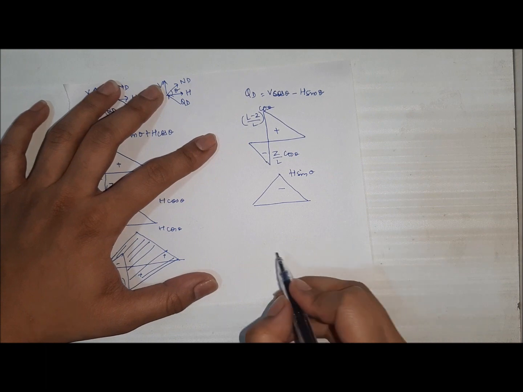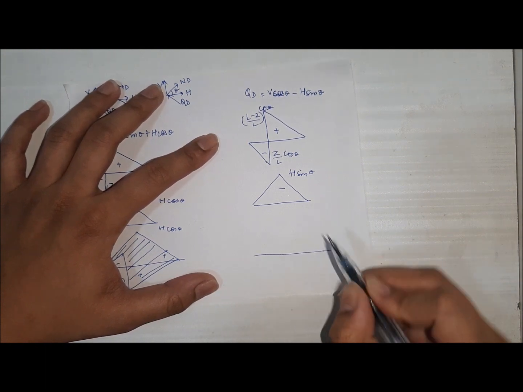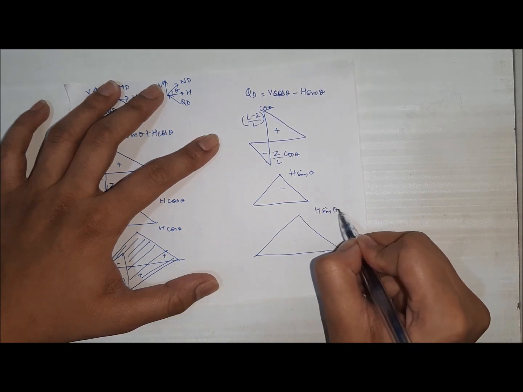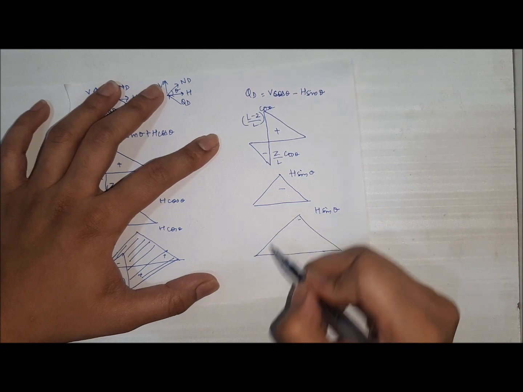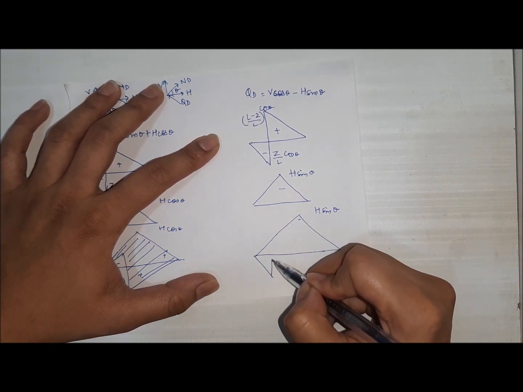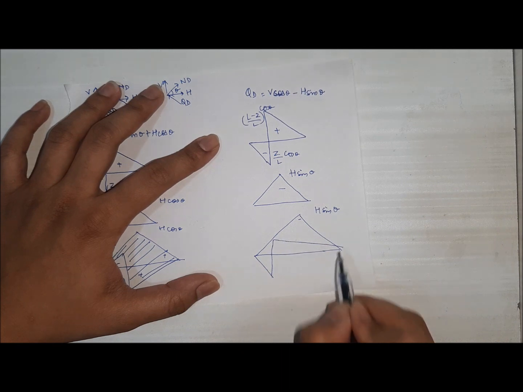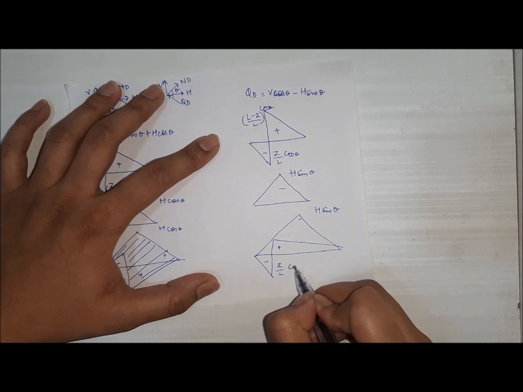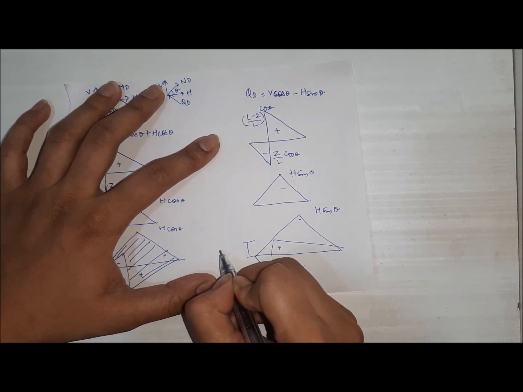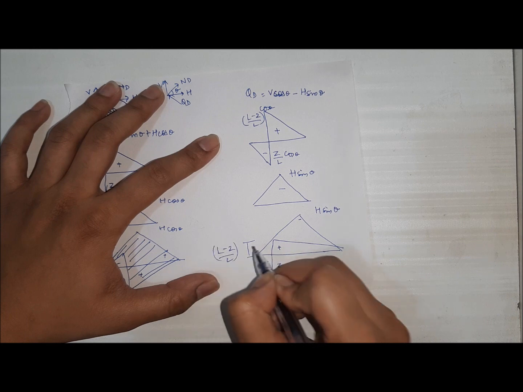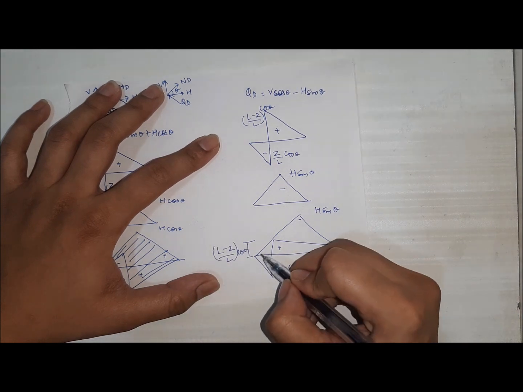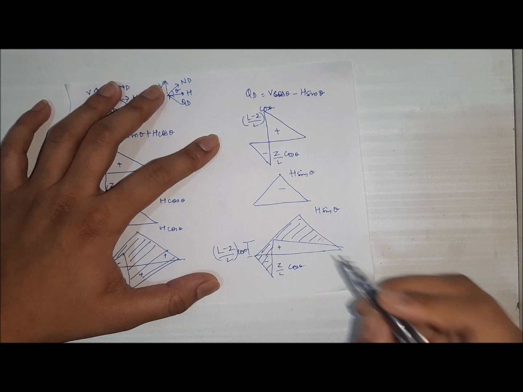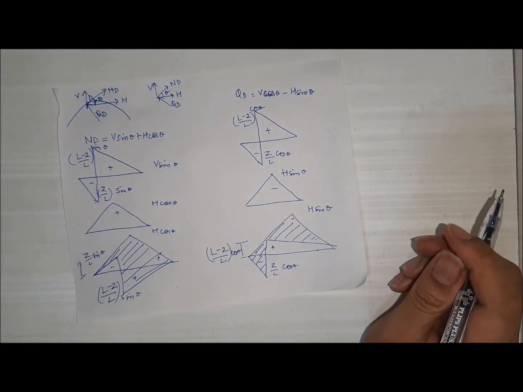Making it a little bigger, this is the H sin theta negative portion, and plotting this, this is positive, this is negative, and this portion is positive. This is Z by L cos theta, and this height is L minus Z by L cos theta. So this is the resultant ILD for QD.